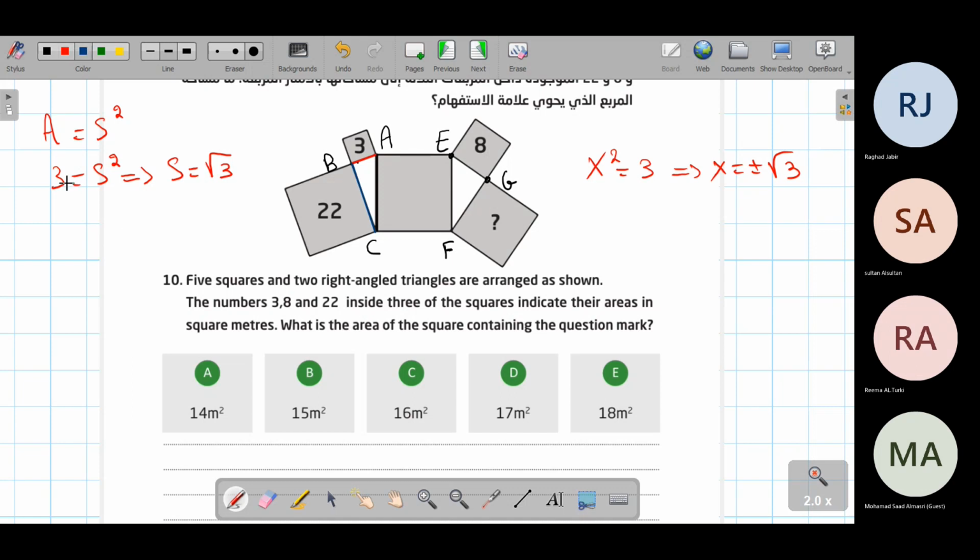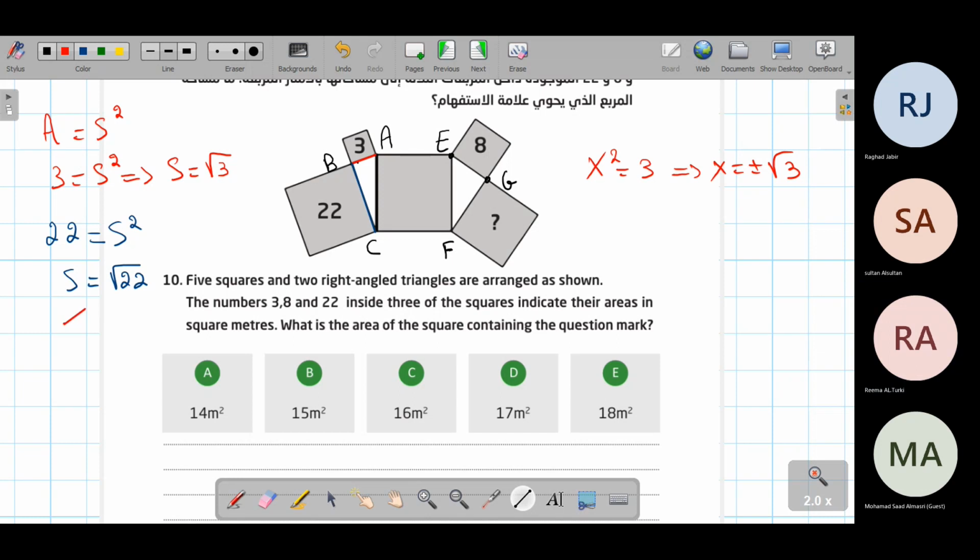Yalla Rima, let's move to BC. 22 equals S squared. So S equal radical 22. So in this triangle now, I will draw this triangle here.